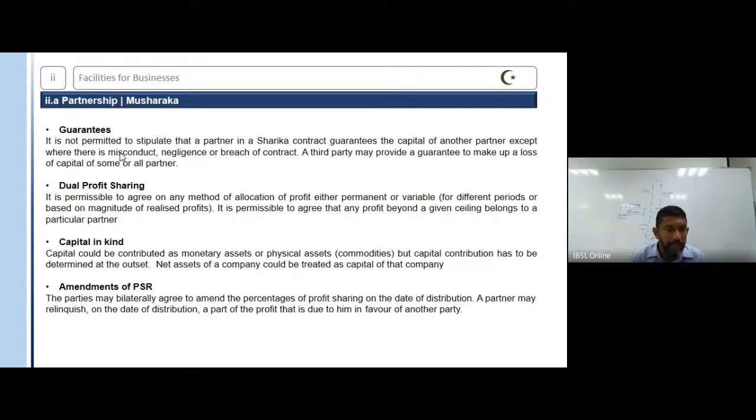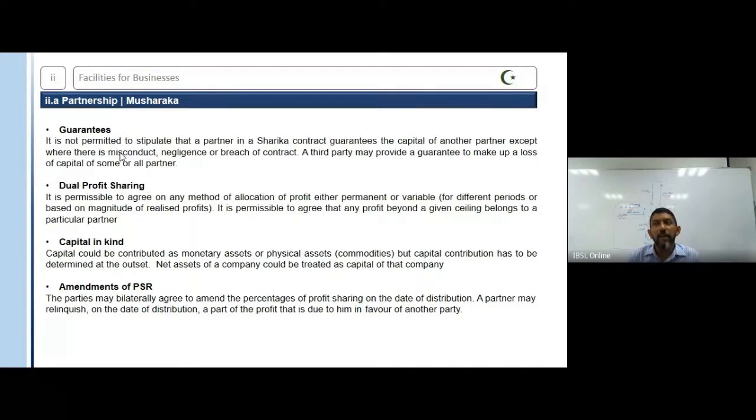I'm not saying it is not permissible to get a guarantee in Musharaka. You can get a guarantee. But what you can't do is say in case of loss, the bank can claim the original capital despite a loss.